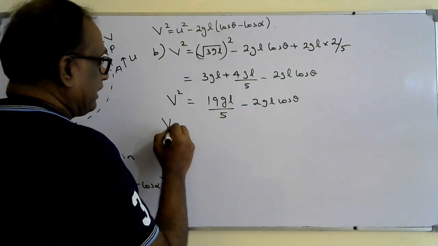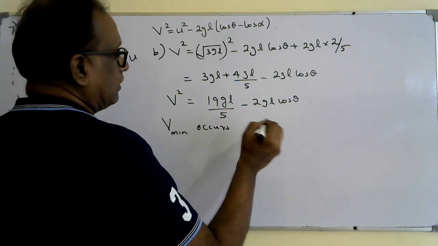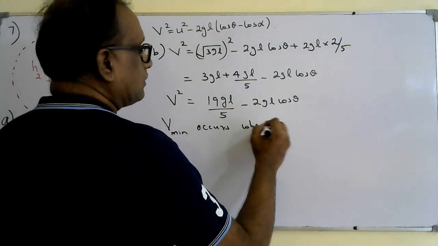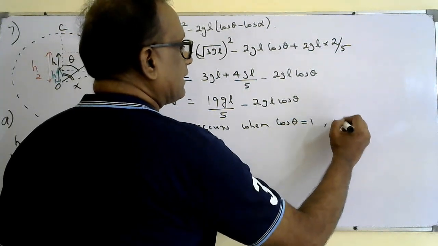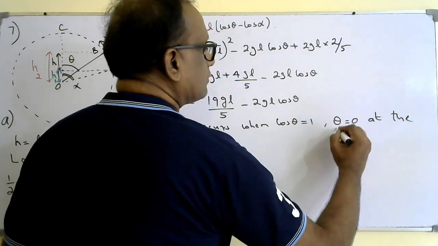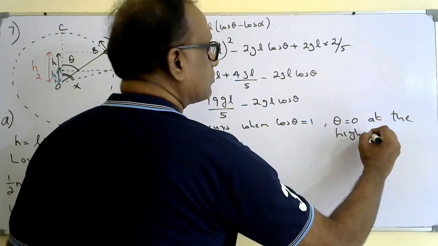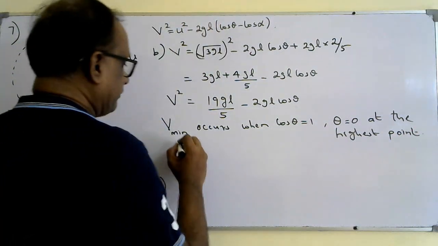So we can say v minimum occurs when cos theta equals 1, that is theta equals 0 at the highest point. So v minimum, we'll find it.